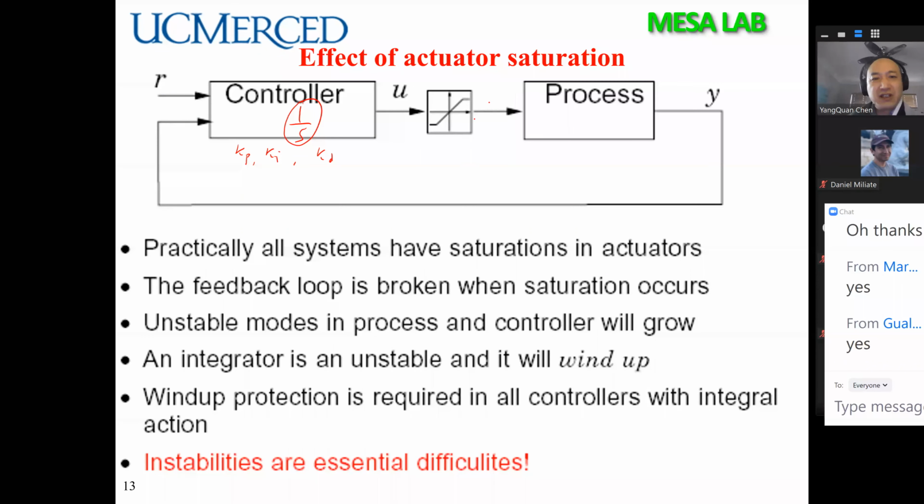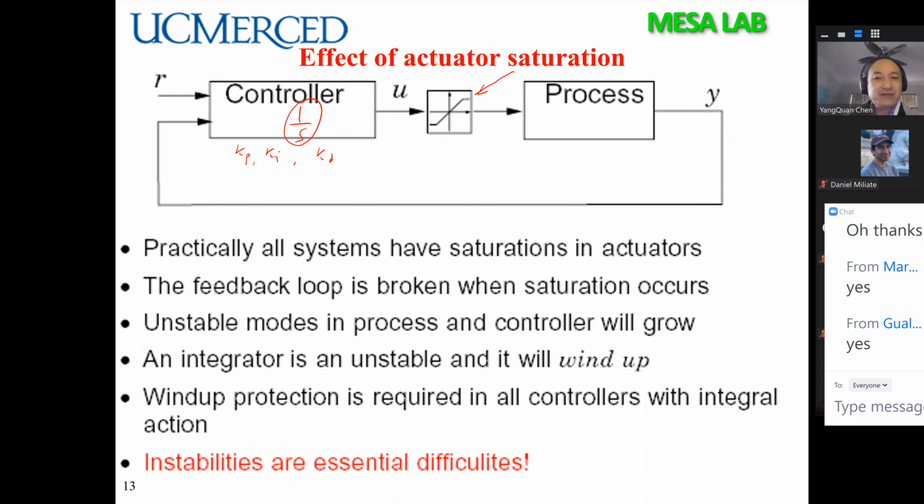In practice, your control authority is always within a certain limit. Beyond that, you cannot do it. Remember, your op-amp will also have this kind of saturation. The voltage cannot be higher than the supply voltage, right? So practically all systems will have saturations in actuators.